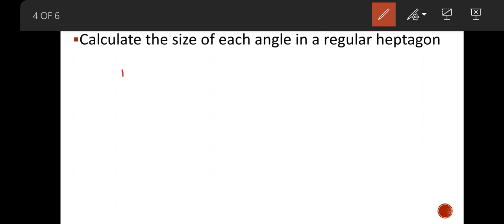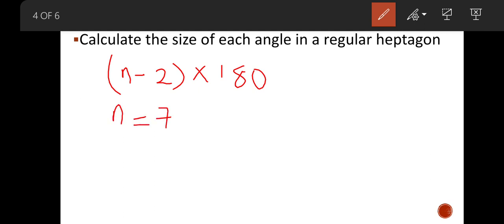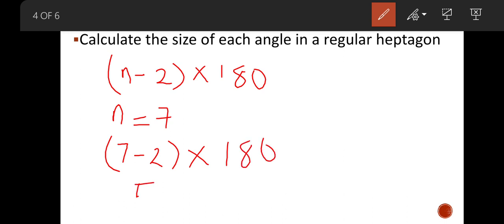The formula for the sum of angles in a polygon is n minus 2, close the bracket, times 180 degrees. Here n is equal to 7, so we have 7 minus 2 times 180. 7 minus 2 is 5, and 5 times 180 is 900.